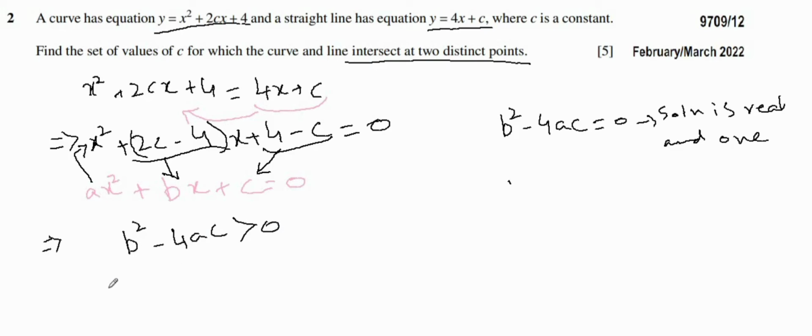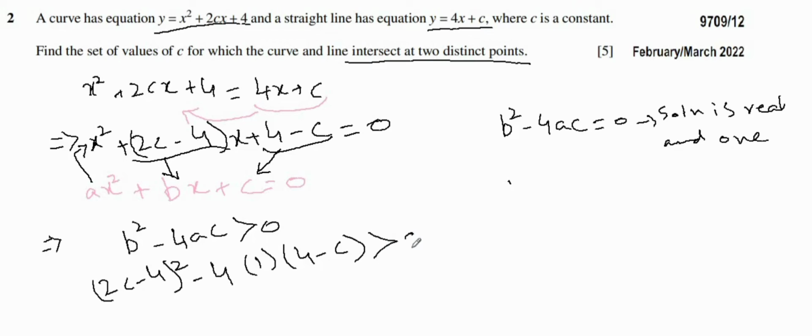So this means, what is b over here? b is 2c minus 4. So (2c minus 4) squared minus 4 times the coefficient of a, which is 1 over here, and the value of c is 4 minus c. So this is all greater than, sorry, greater than 0.